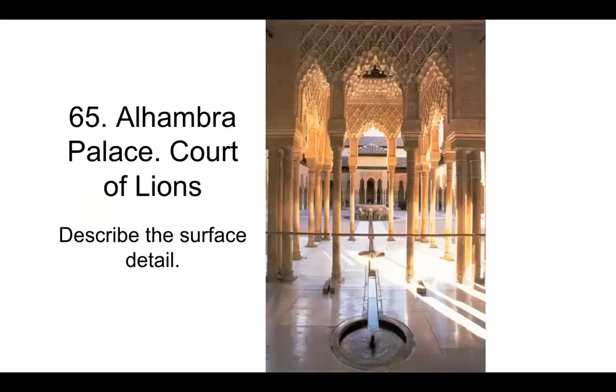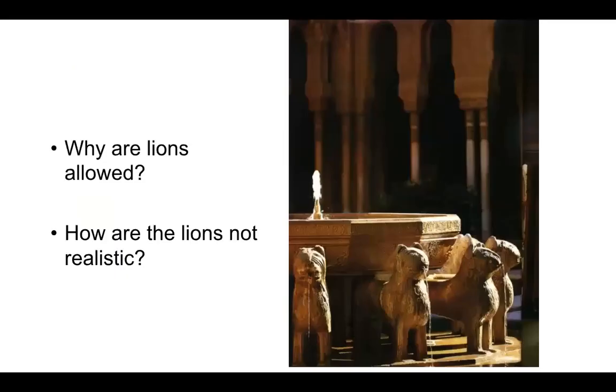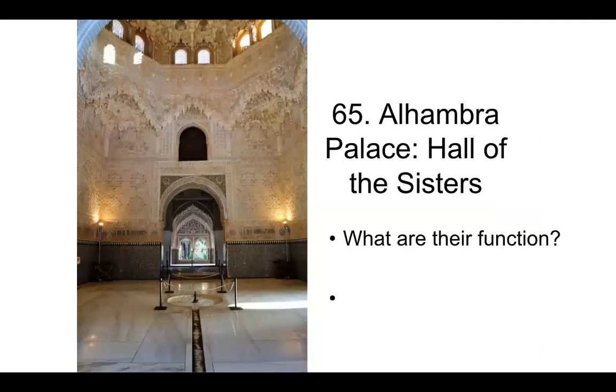So the surfaces have this really intricate pattern of decoration that's also based on geometric organization. Really slender columns, right? This is another part of our image set, and this is called the Hall of the Sisters.